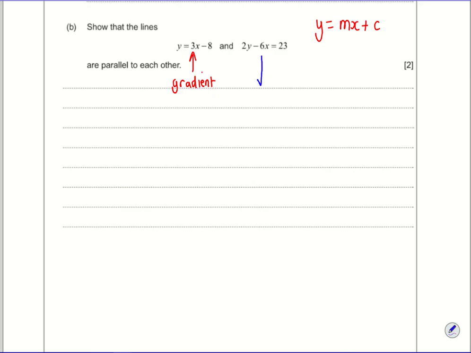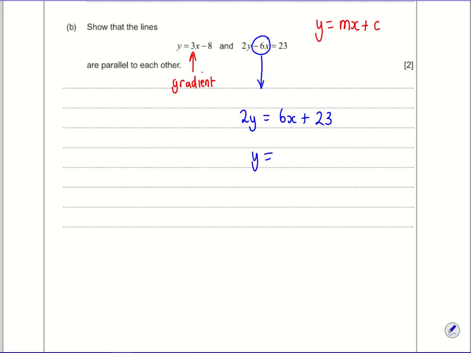The first thing we need to do is to pick up that minus 6x and put it back to the other side where it will become plus 6x. So that looks like that. Or you could write 23 plus 6x. But since we're going for mx plus c, it makes sense to have that first. But we need a single y on its own, so now we've got to divide everything by 2.